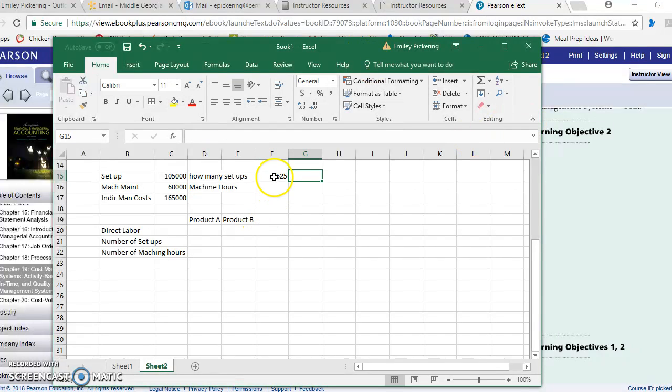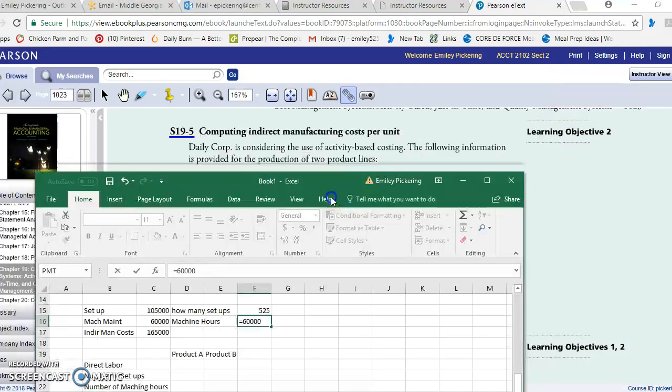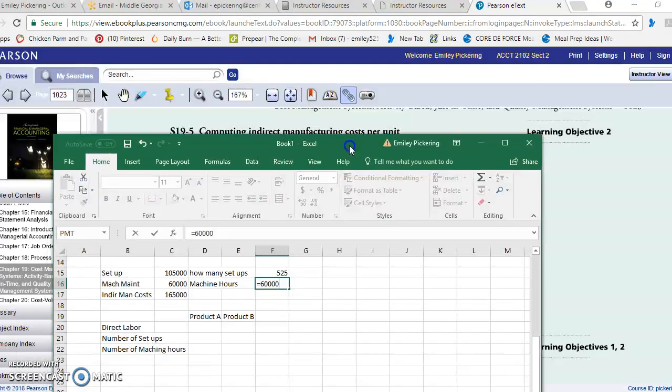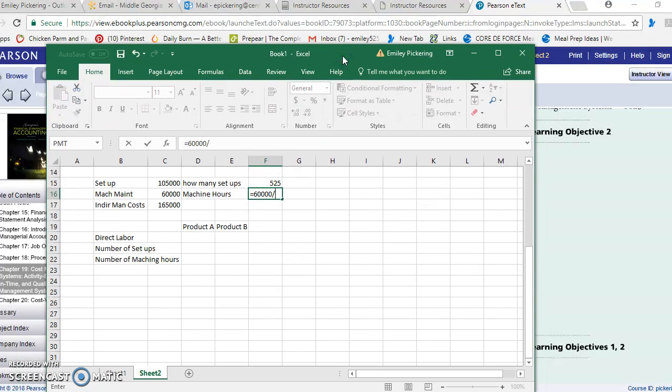So our setup cost is $525 per setup. And then let's talk about machine hours. I think it said 60,000 for machine maintenance. And between A and B, we have a total of 4,000 machine hours. So it's $15 per machine hour.